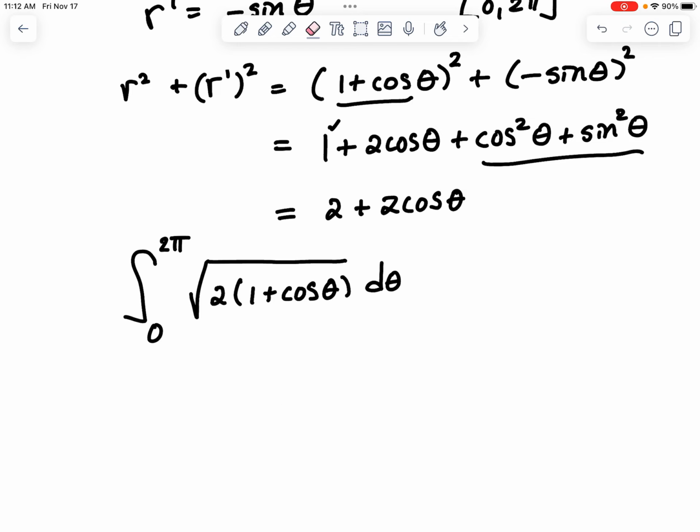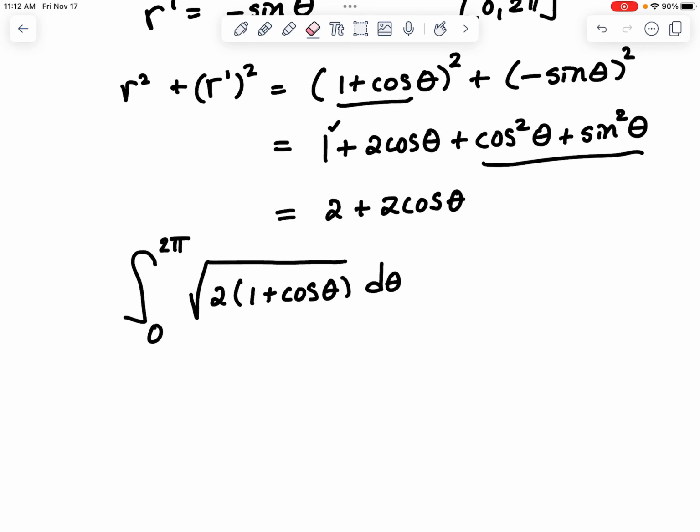And then you think, is there any other trig identity that has 1 plus cosine? So there is, oh, wait a second, I know.